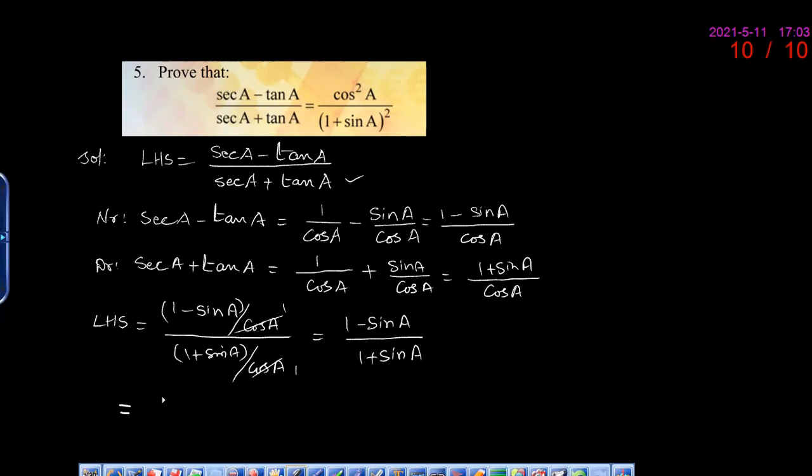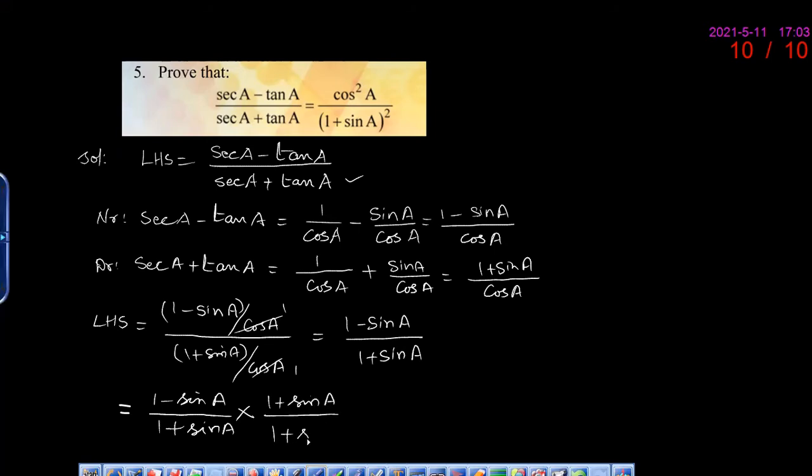So when you do that, you are rationalizing the numerator. So 1 minus sin A divided by 1 plus sin A into 1 plus sin A divided by 1 plus sin A.